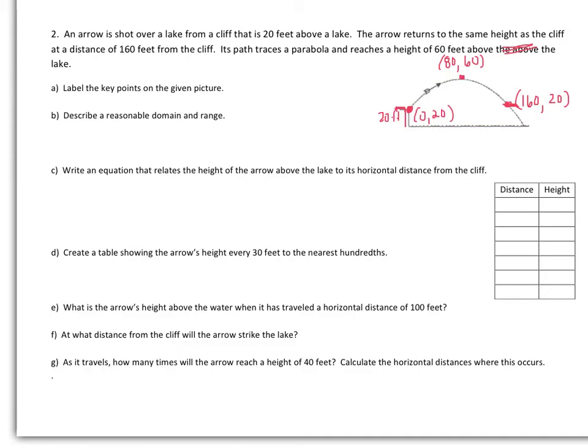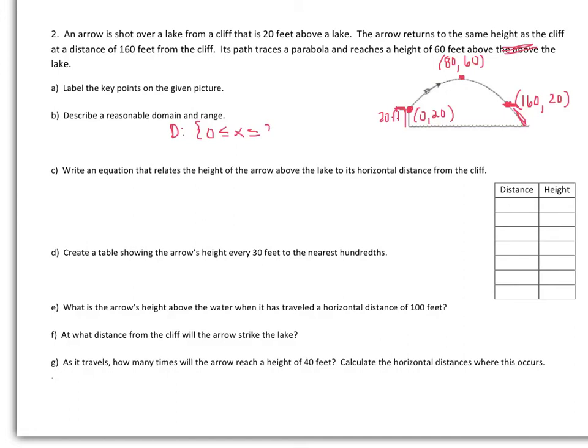Now, describe a reasonable domain and range. Well, the domain, again, goes from the left side to the right side. So we're going to say it goes from 0, so it's when x is between 0 and it's actually going to go a little bit further than 160 because remember it has to go down here.